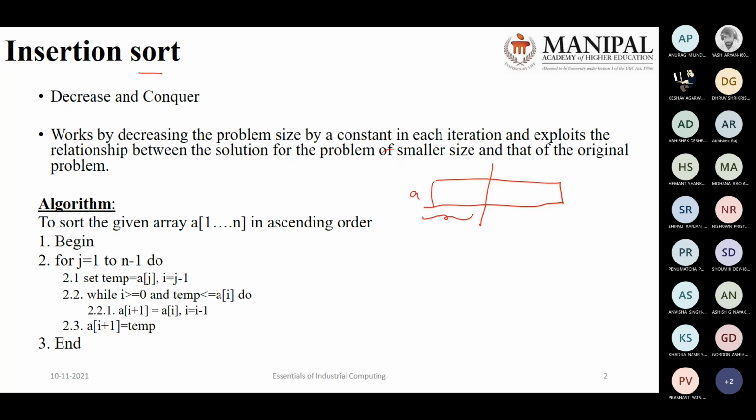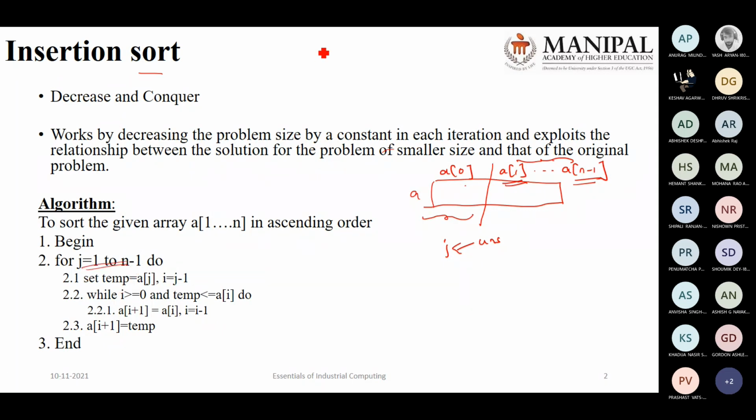The sorted list index is I, the J index is for the unsorted list, and in the first iteration you assume that this is my A of 0 and A of 1 to A of n minus 1 is considered to be the unsorted list. That is why the J index is for unsorted, which runs from 1 to n minus 1, and in every iteration you will be incrementing this J loop.